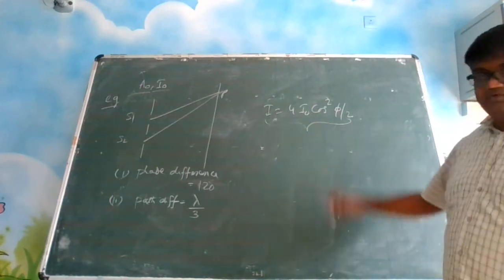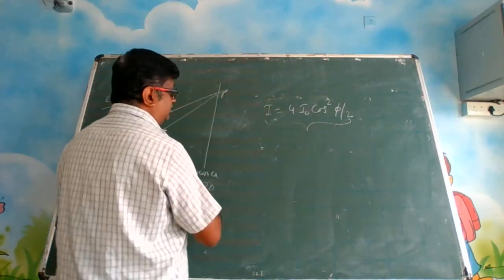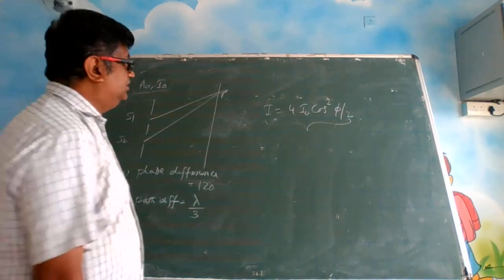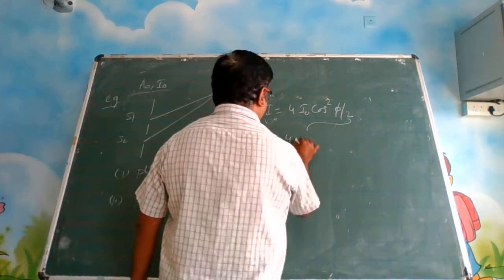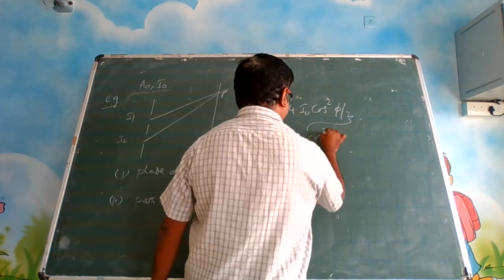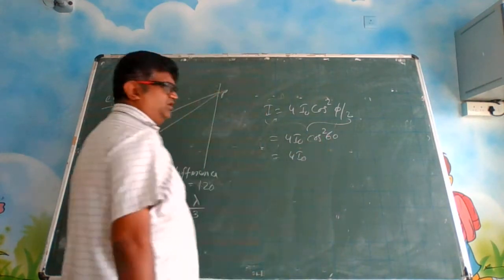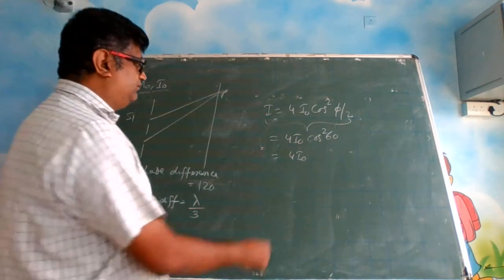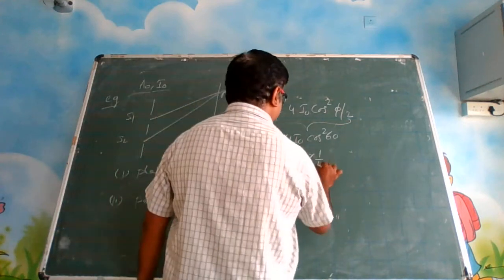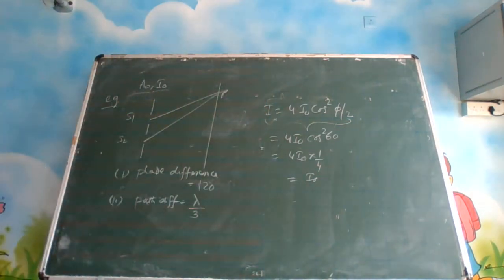So here phi is given as 120, so phi by 2 will become 60. So this will become 4I0 into cos square 60. Cos 60 is 1 by 2, so it will be 4I0 by 4, which is I0. So this is for the first part.